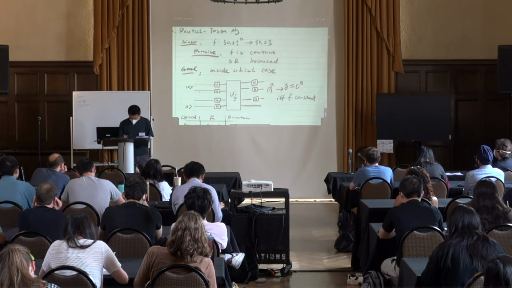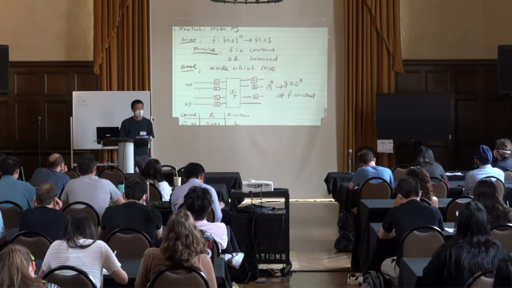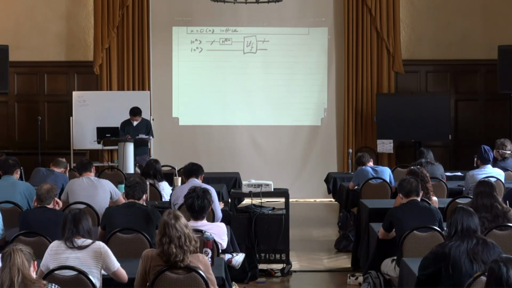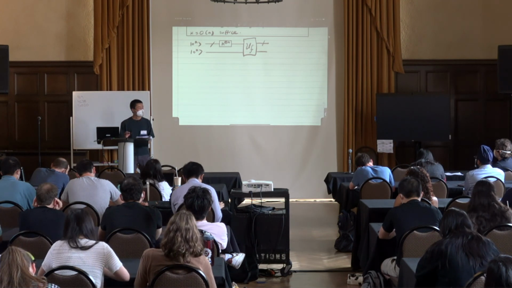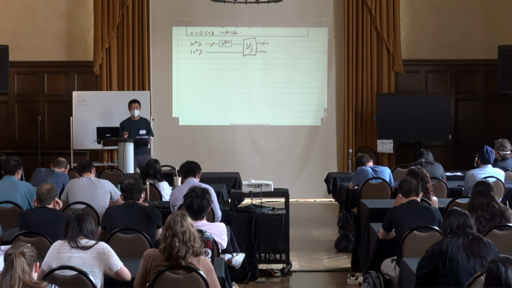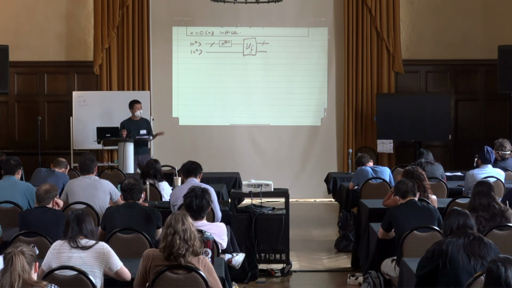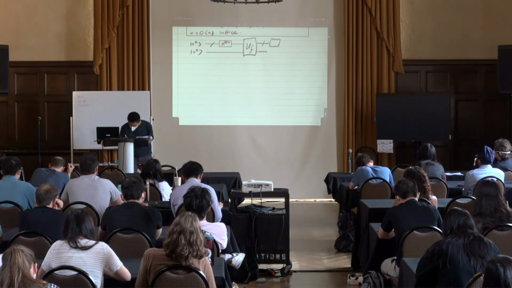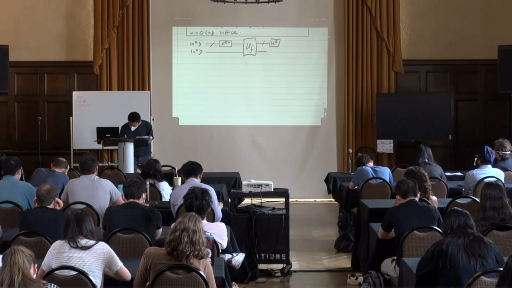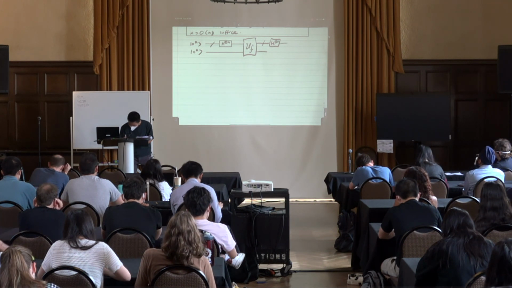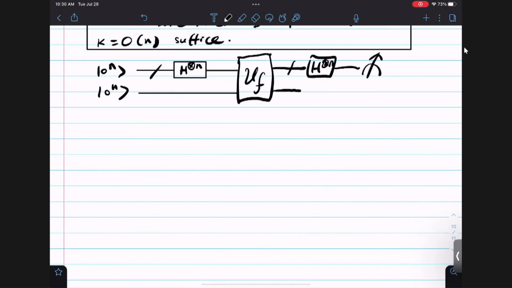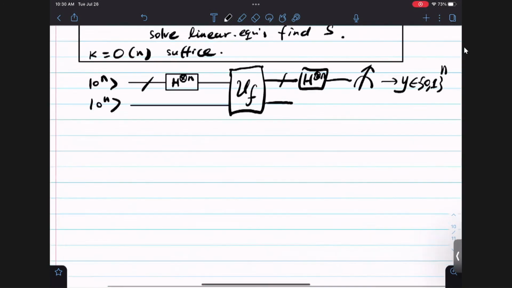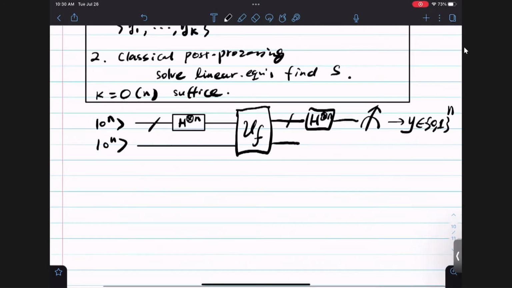Another hint, what we did before. Just do Hadamard again. And that's all. And then I measure. This gives me a classical string of n bits. Okay, so this is the sampling subroutine.